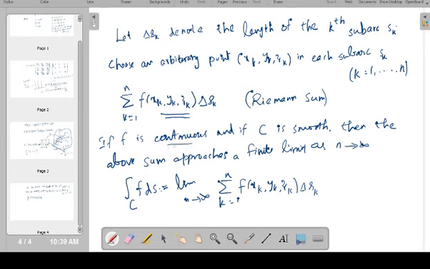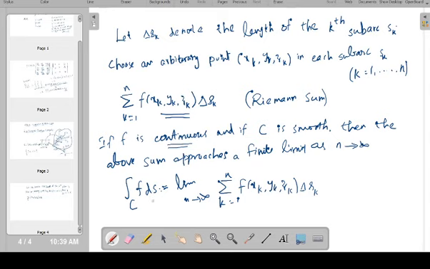And this continuity assumption is only necessary, it is not sufficient. That means you can have discontinuous functions also, for which the integral over C of f ds makes sense.